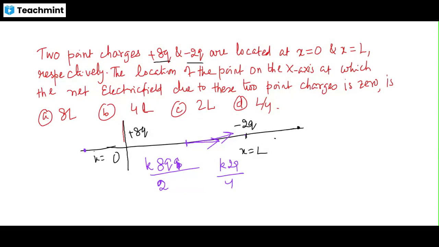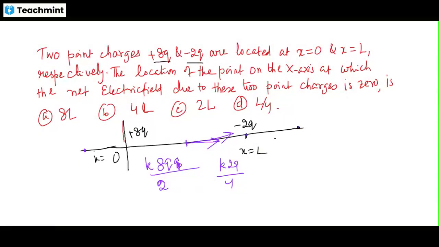So the charge is small and the distance is bigger, so it cannot be nullified. So the only possibility is when it is placed to the right side of the smaller charge. That means the smaller charge with the smaller distance can cancel the bigger charge with the bigger distance.